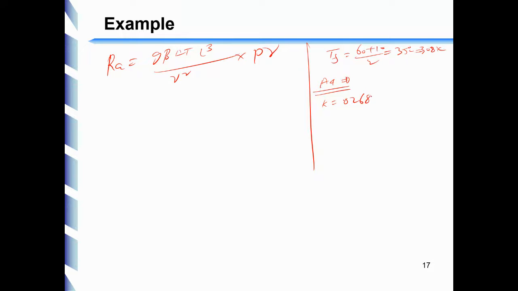K equals 0.0268, 16.5, another number, beta equals 1 by Tf, 308, and g 9.8. So all values are here, so you can get the Rayleigh number.